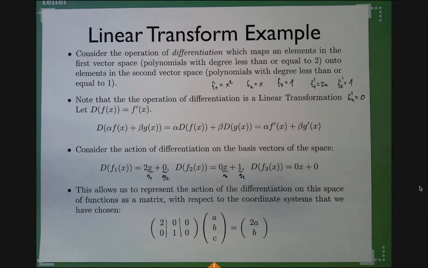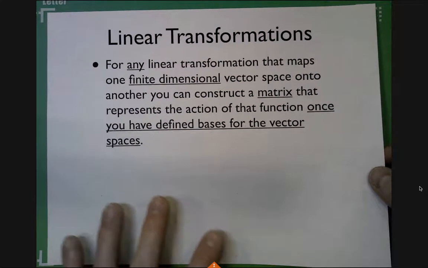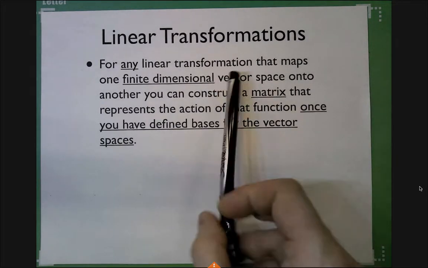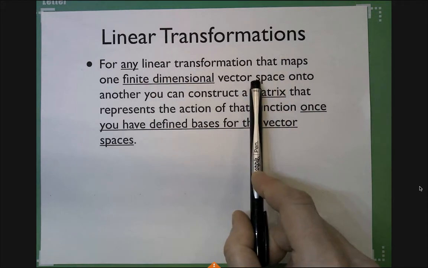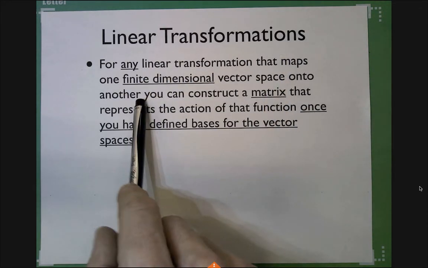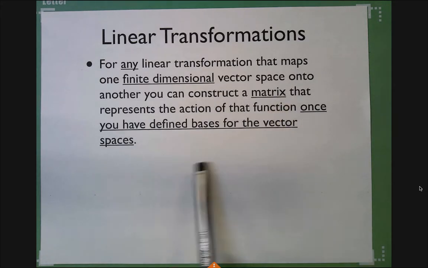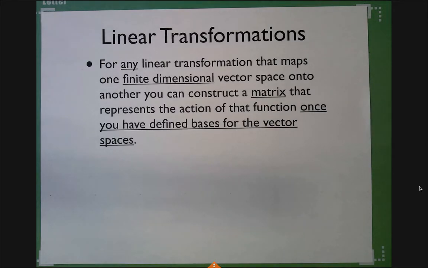Okay, so let me do a conclusion here on linear transformations. This is the concluding slide, saying that any linear transformation that maps a finite dimensional vector space onto another finite dimensional vector space can be represented using a matrix with respect to two bases defined in these two vector spaces.